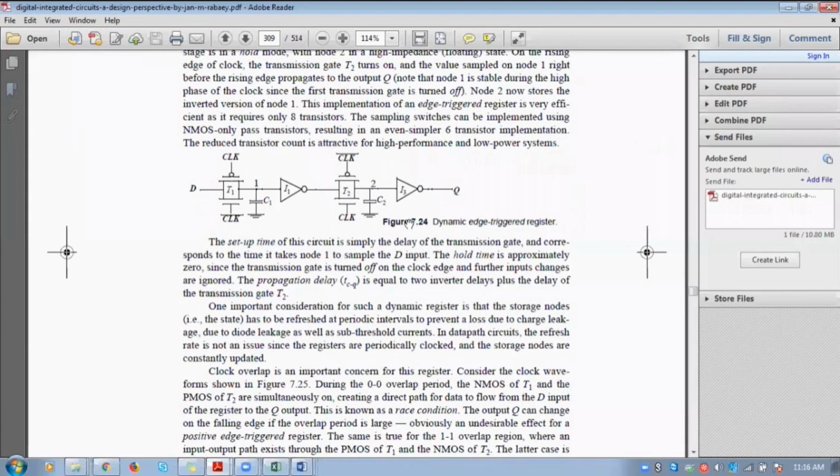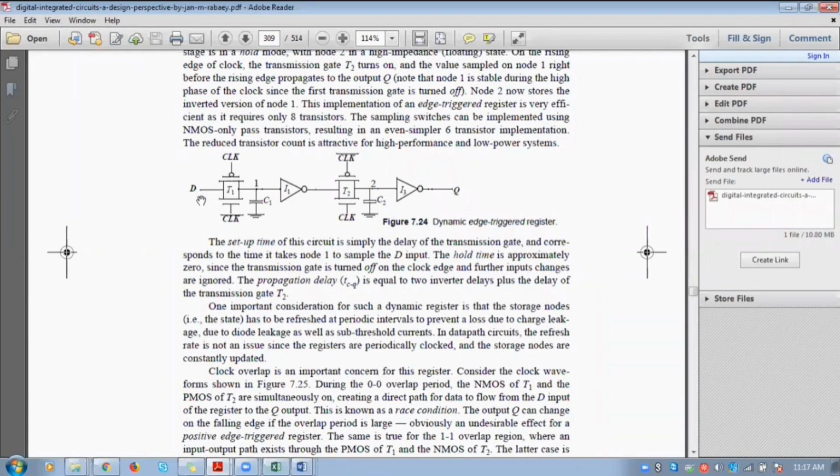So according to the circuit, here NMOS is connected to clock bar, here NMOS is connected to clock. So my slave is a positive latch and the master is a negative latch. So I can conclude that it is a positive edge triggered dynamic register.